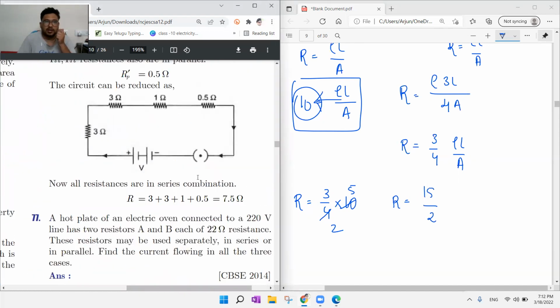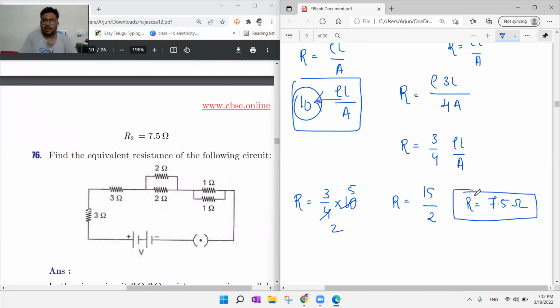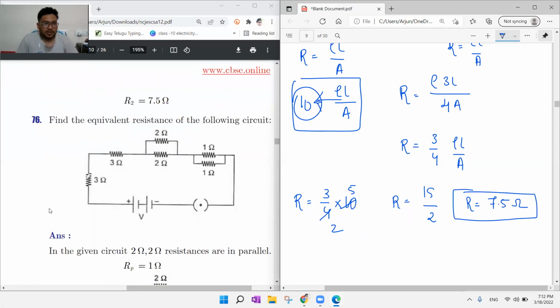Maximum we should not leave answers in this p by q form. So R is equal to 15 by 2 is nothing but 7.5 ohm. So this is the final value we have to write. And we will see remaining questions in the next lecture. We will try to complete all 3 marks questions, and then we'll move to 5 mark questions. That's it in this lecture.